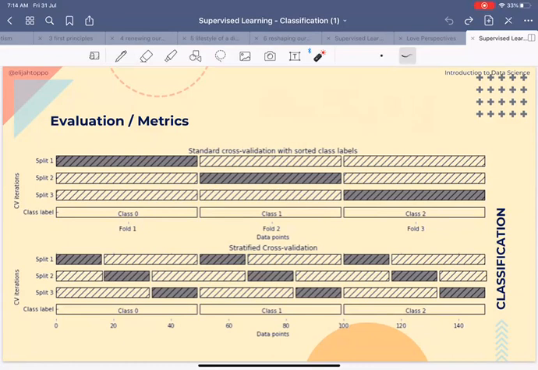So we can do this from scikit-learn itself. We can specify which variable we want to stratify, and stratifying means having equal representation in the split, so that we get good training, validation, and evaluation.